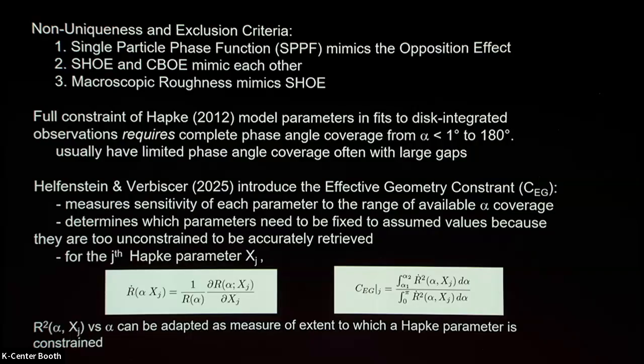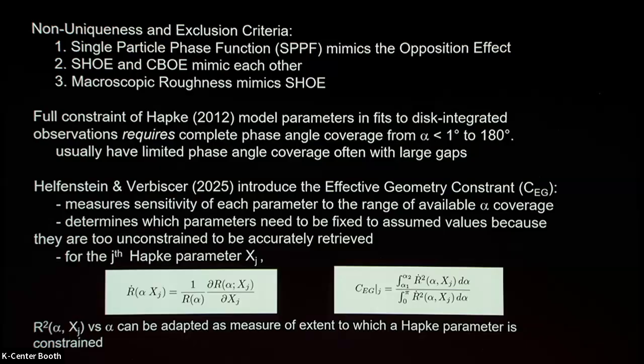The macroscopic roughness can even mimic the shadow hiding. It's a complicated situation. So what we developed was what we call an effective geometry constraint. And that measures the sensitivity of each parameter to the range of available phase angle coverage. And that determines which ones need to be fixed to assumed values in your fits, because they're too unconstrained by the phase angle coverage that you have.